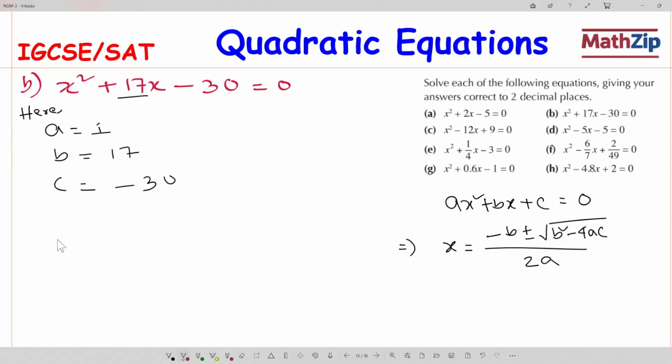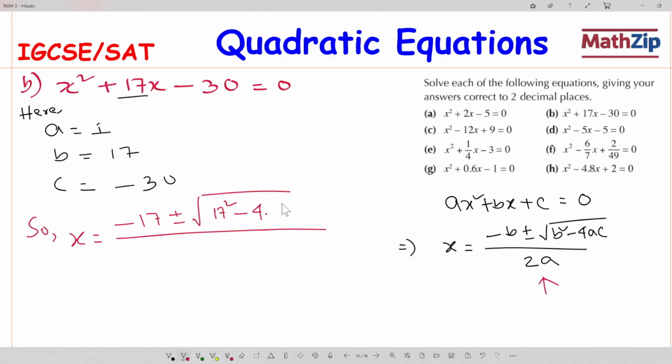So x equals, we can put this in the formula. So minus b means minus 17, plus minus root over b square, it means 17 square, minus 4 times a, which is 1, c, which is minus 30, divide 2 times 1.